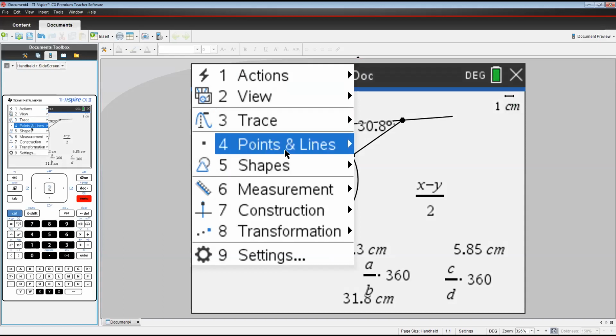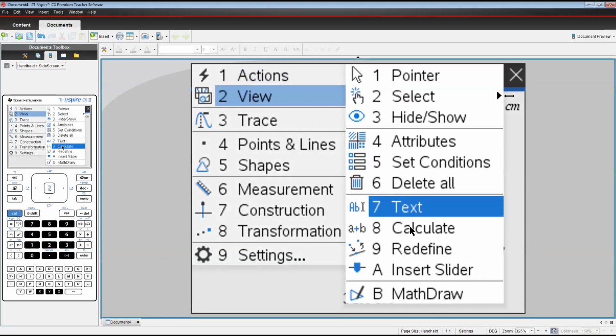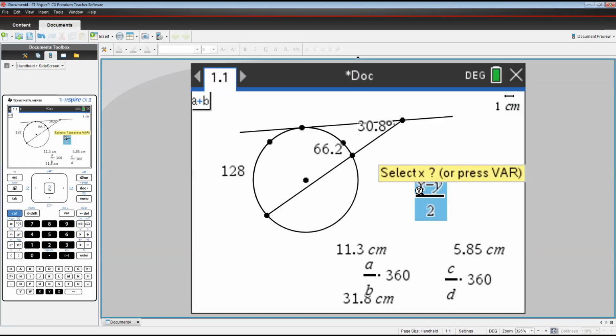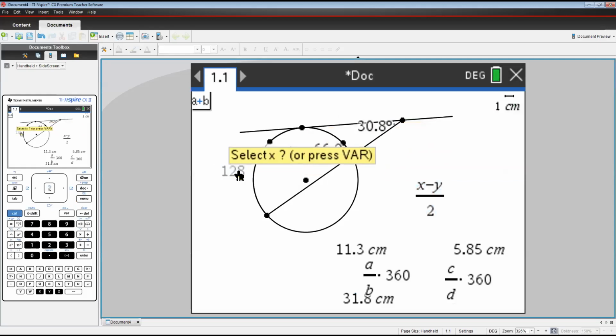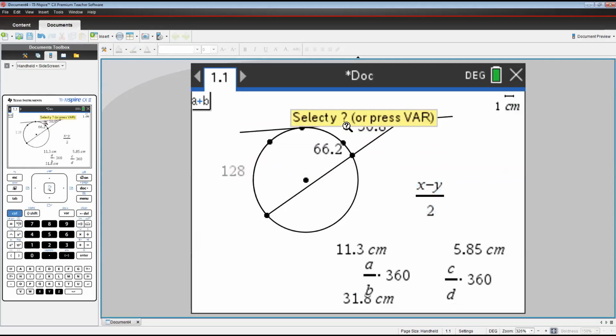Actions, calculate. So I said it was the difference of these two arcs. So x minus y will be the bigger arc, 128 degrees, minus smaller arc, 66.2 degrees, divided by 2. And that gives us this value, 30.8 degrees, which is right there. That is 30.8 degrees. Fantastic.